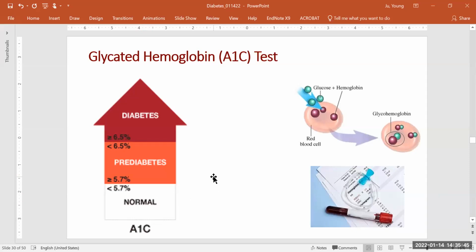The advantages of this test are that it does not require fasting or drinking anything. And the A1c test is considered an accurate method to measure the long-term glucose level.